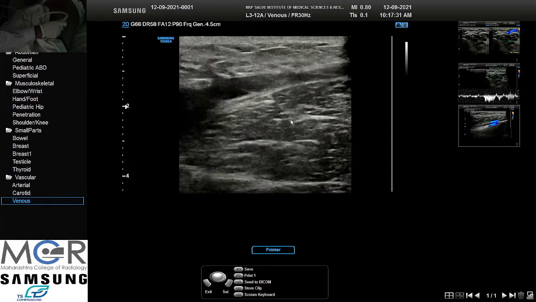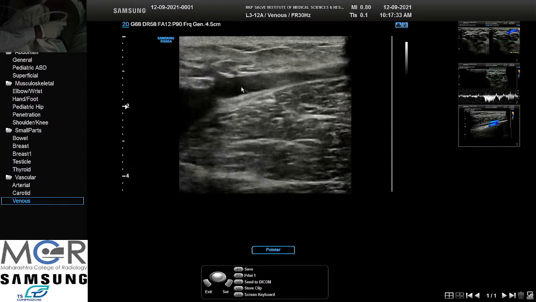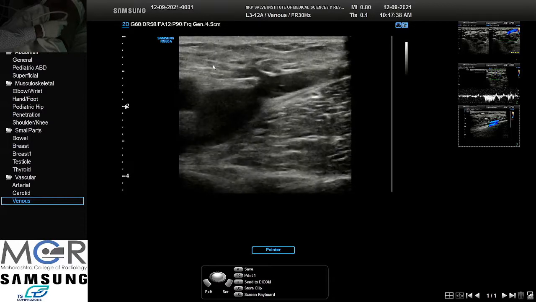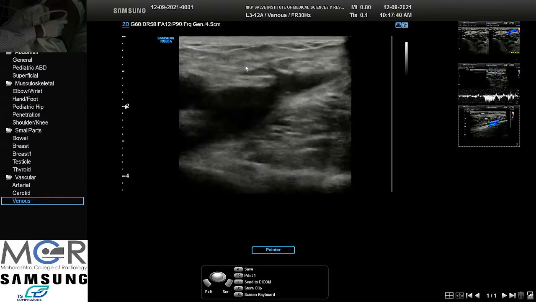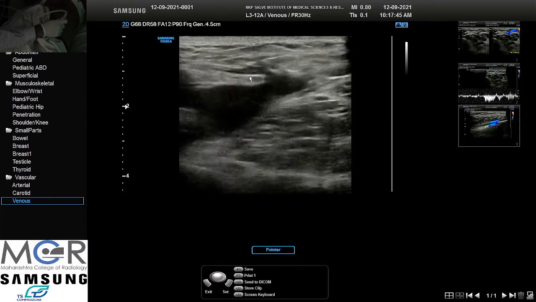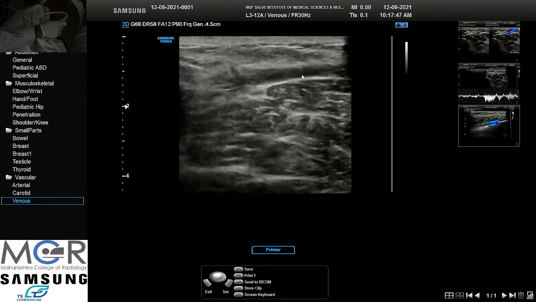You can appreciate that there is a wall here, small wall. That is superficial epigastric, very small vein, and this is the GSV.